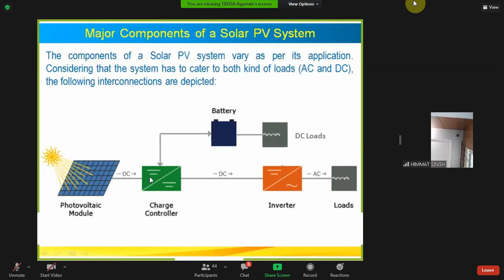Then it comes to the charge controller. It is the function of the charge controller, when the energy is coming from the module, and this is an off grid system, to store it in a storage battery.